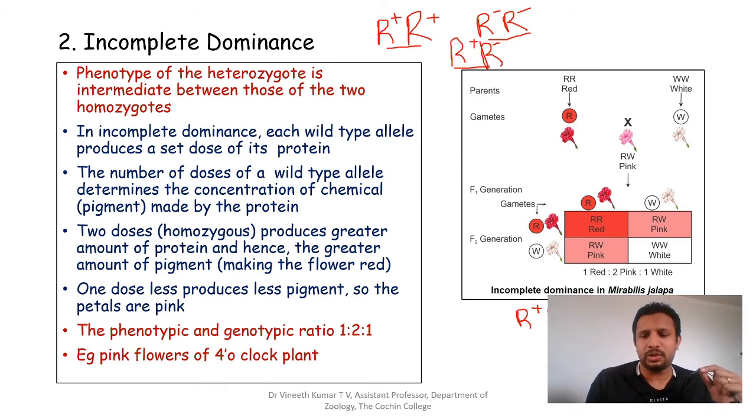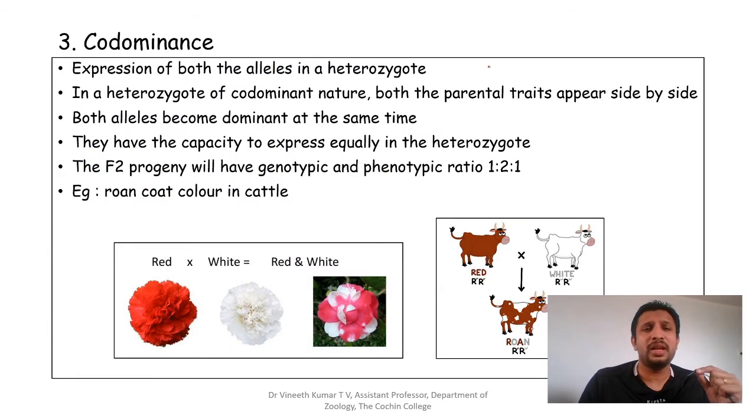So coming to the next one, which is called codominance, the third one. From the name itself, we can derive what type of interaction it might be.